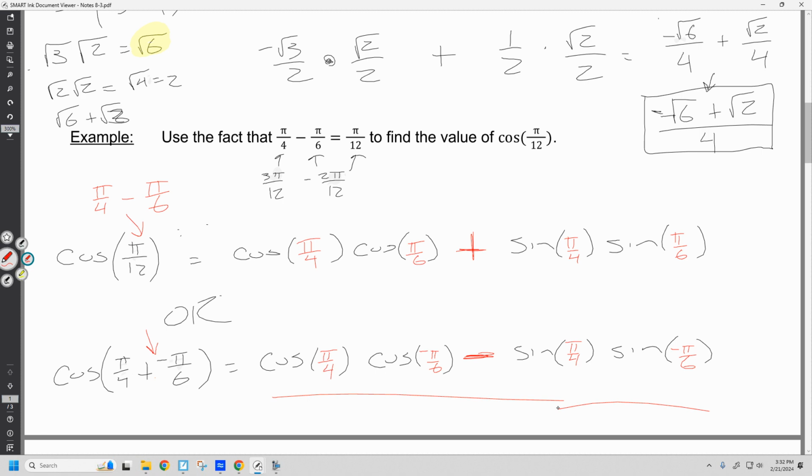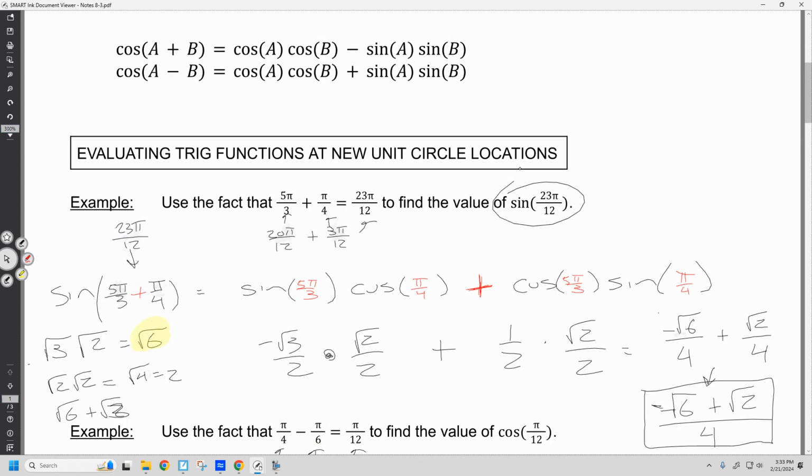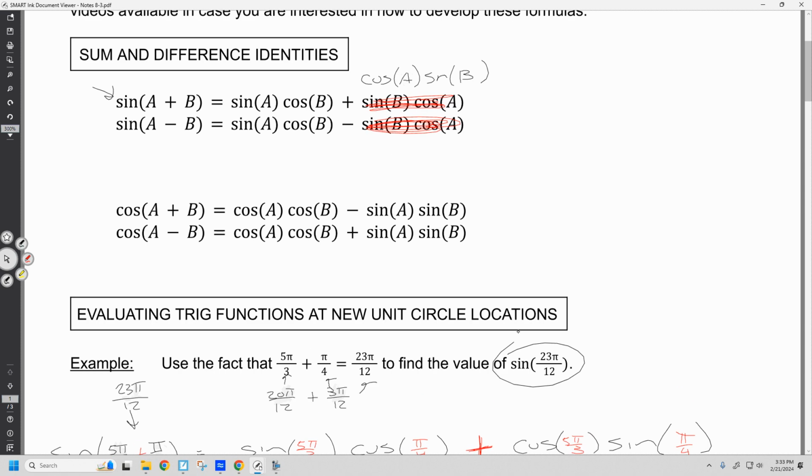Reminder: sine, cosine, cosine, sine. The sine stays the same. Cosine, cosine, sine, sine.